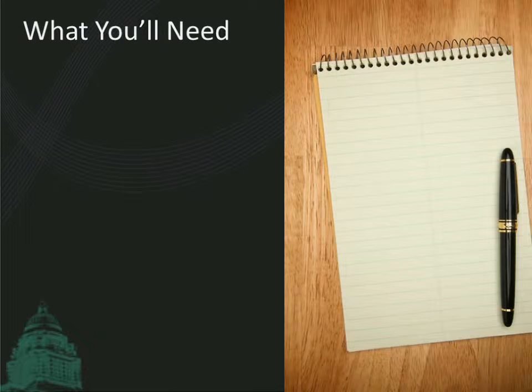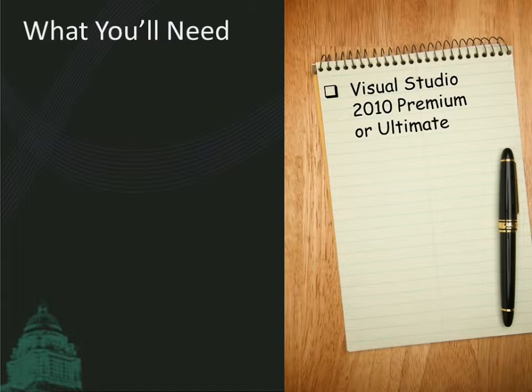Now, what do you need to make this happen? What's your recipe for working with coded UI tests? Well, to start with, you'll need Visual Studio 2010 Premium or Ultimate. What I would suggest you get, rather, is Feature Pack 2. If you go to your MSDN subscription, you can download Feature Pack 2.